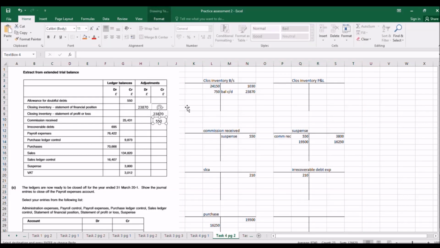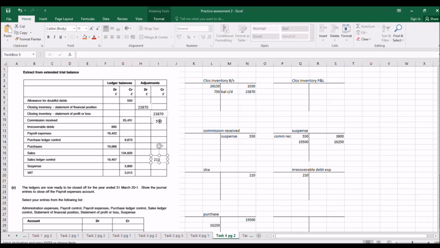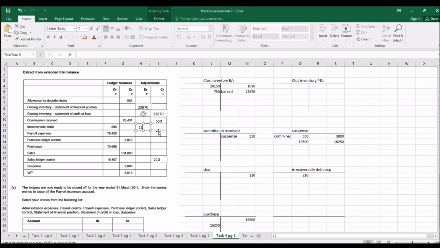Here, our irrecoverable, leave the suspense account to the end. Sales ledger control account got a 210 credit against it. And then we had that irrecoverable debts, didn't we, have £210 expense there.